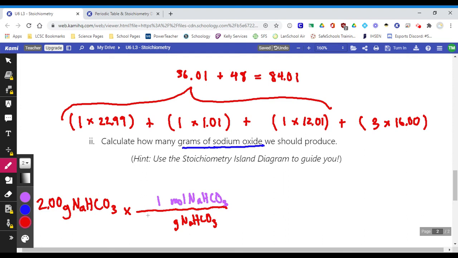Okay, that's how many grams, 84.01, how many grams of sodium bicarbonate are in 1 mole of sodium bicarbonate. So this should allow me to cancel out my grams of NaHCO3. All right, now I've got a unit of moles of NaHCO3, so I can look at what bubble I'm going to hop to next.